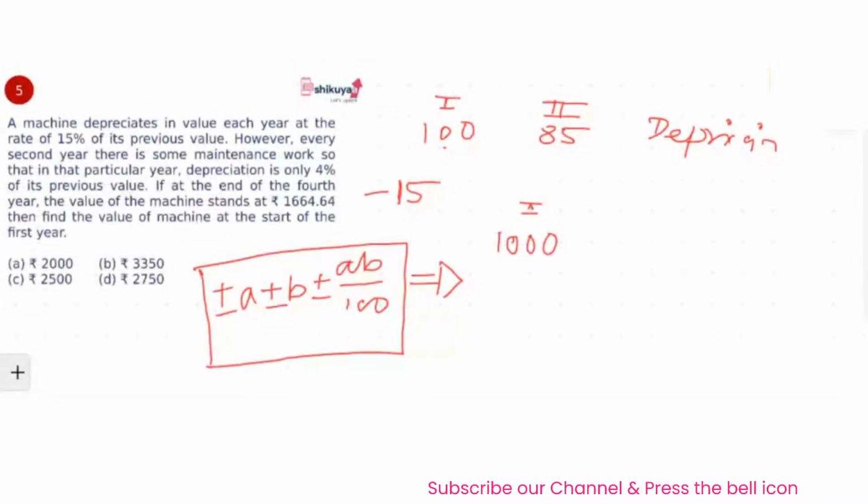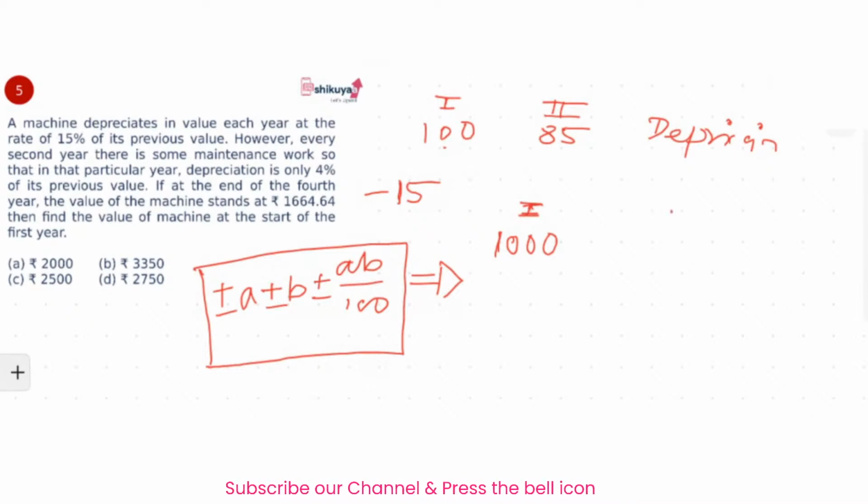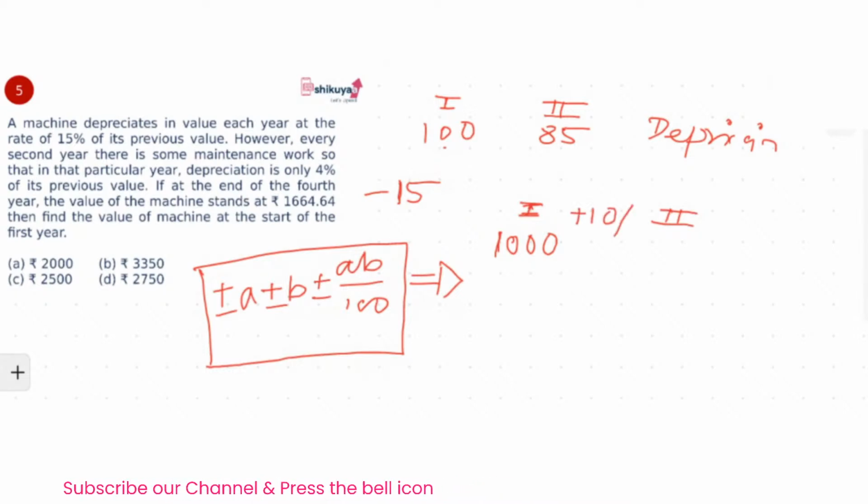Or instead of that example, let us discuss this: I have bought a pen for 1000 rupees, and now I'm going to sell it to somebody in the second year with a profit of 10%. Profit means plus, correct? Plus 10, it is going to increase. Now this will be 1100 if I'm not wrong.